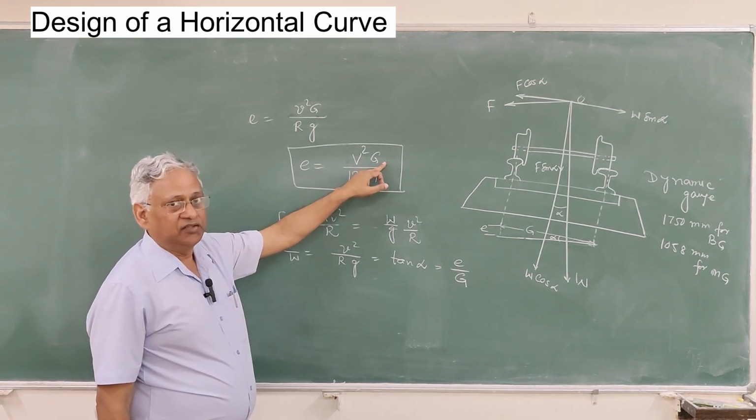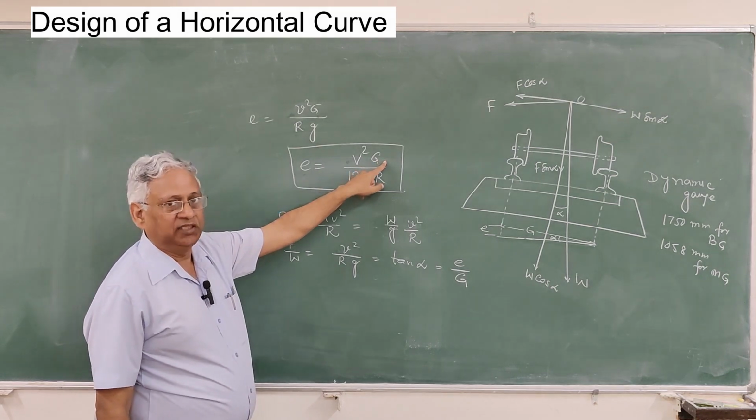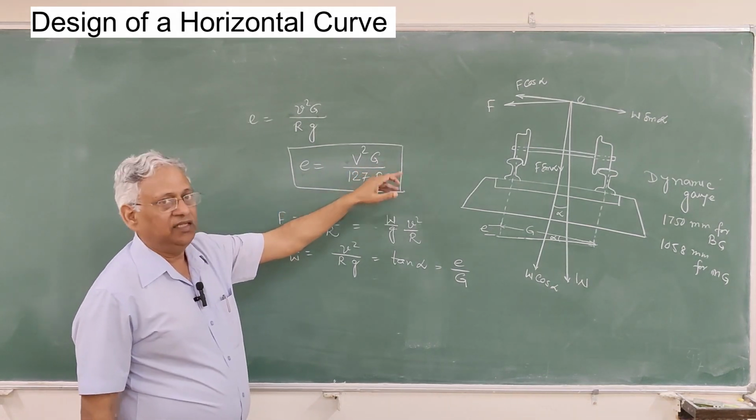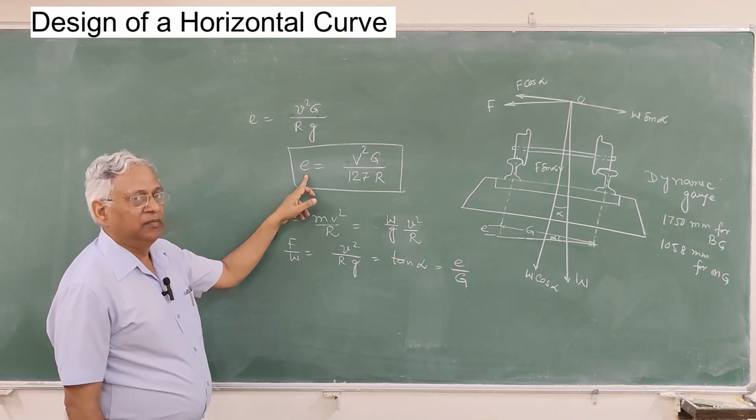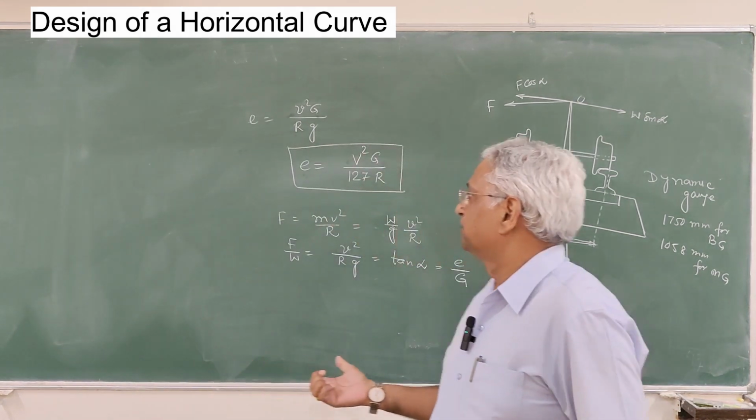Remember, G is a dynamic gauge here, and unit of E is same as unit of G. If you keep this G in millimeter, it will be in millimeter. If you keep it in meter, you will get in meter.